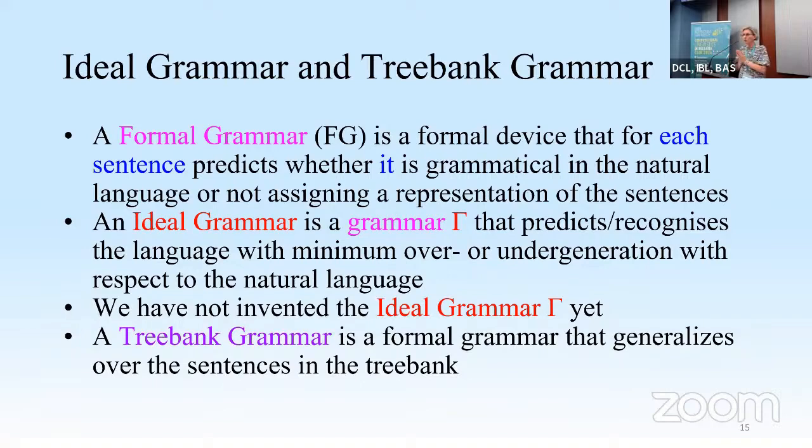So not to end with structures that do not belong to the language, but also not to cover only a small part of the language. And of course, as I said, we haven't invented the ideal grammar yet. A tree-bank grammar is a form of grammar that generalizes over the sentences in the tree bank. So it is not the whole natural language, but the data that we have.